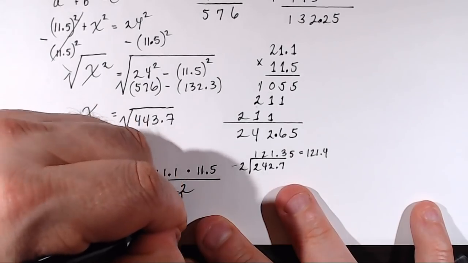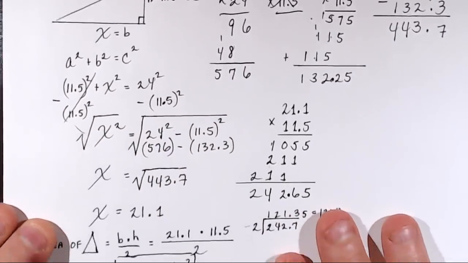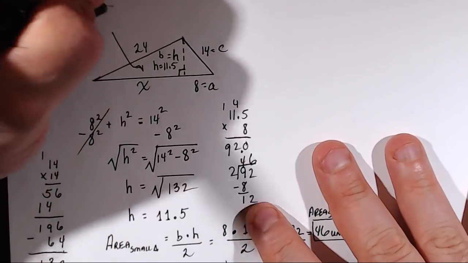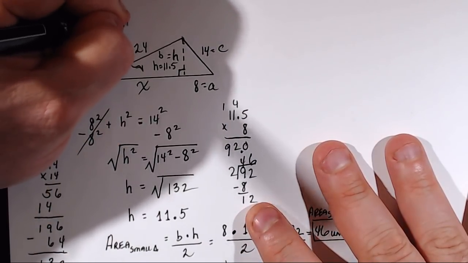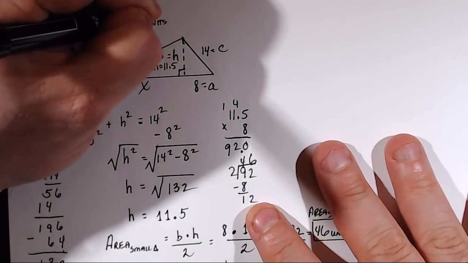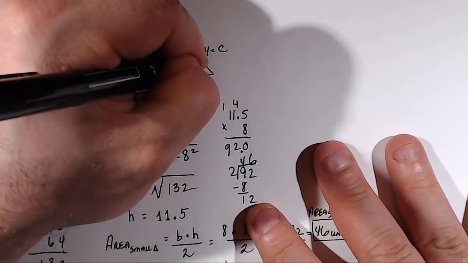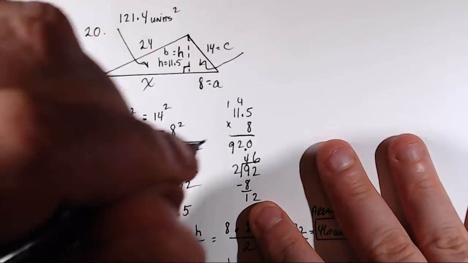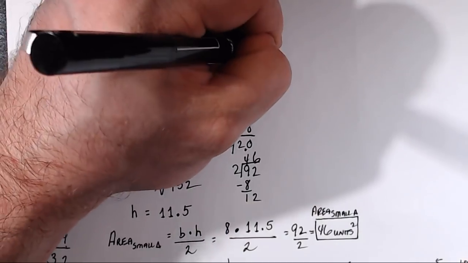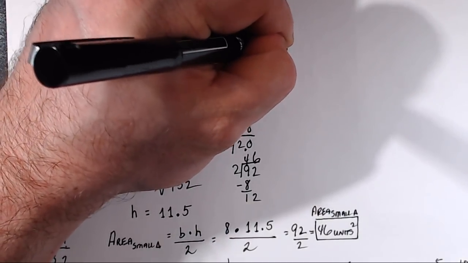And so now we just have to combine the areas. So now we know this right here is 121.4 units squared, and this right here is 46 units squared.